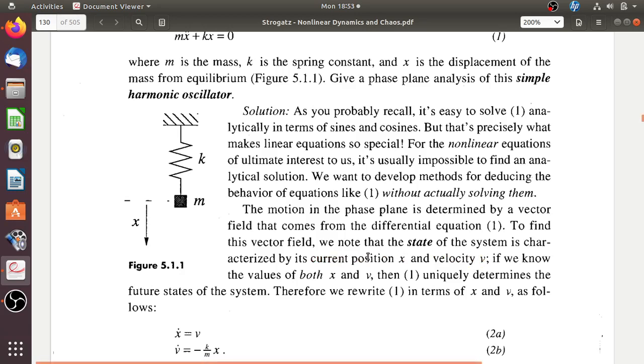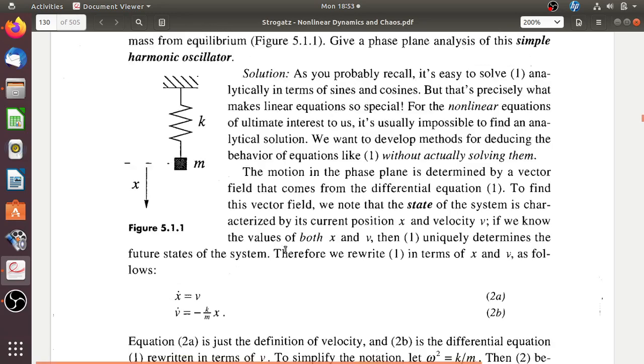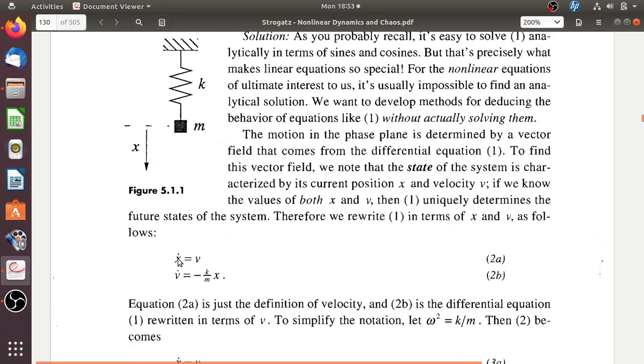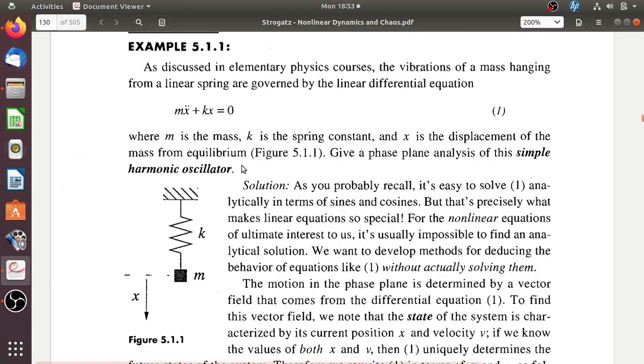Now I need to know how x is evolving, which means what is x dot, and also we need to know what is v dot. That we have to obtain from this equation. We know x dot is equal to v, right? That's the definition. Now what is v dot? We will get that from this equation.